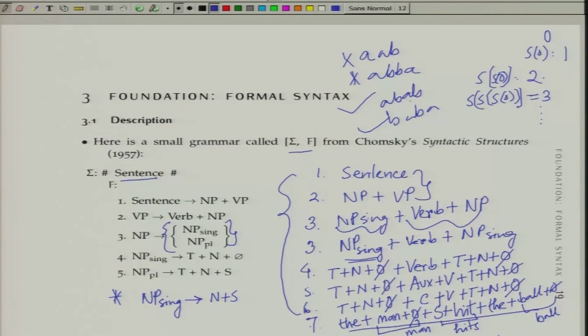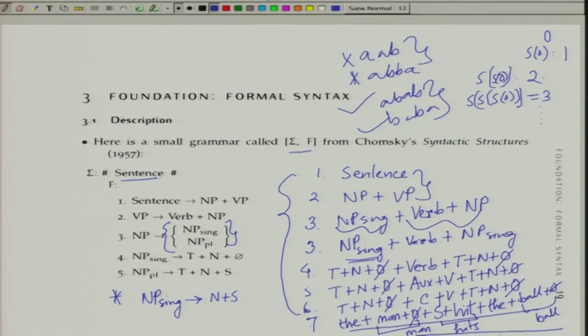These are all fine. We saw something very similar, that somehow the rules do not allow me to do anything like this, and they always allow me to do something like this. Similarly here we can see that nothing allows me to come up with a bad structure like man hits the ball.